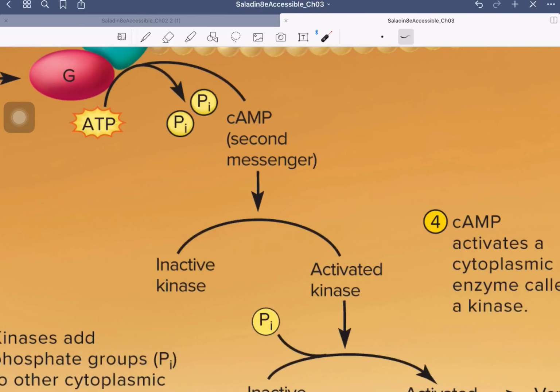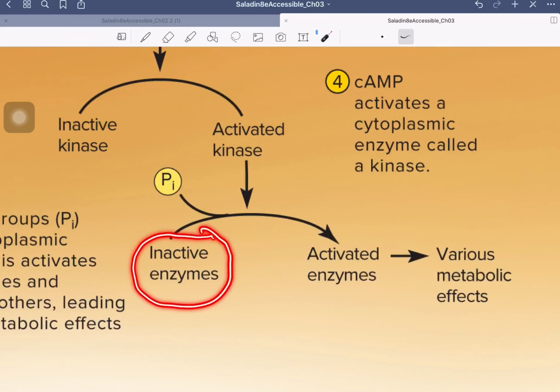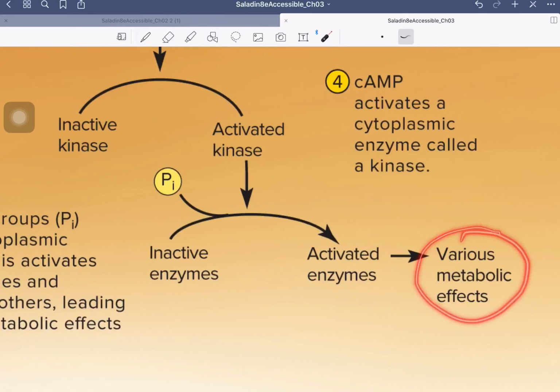The activated kinase, and remember, the job of a kinase is to take a phosphate and attach it onto molecules, basically macromolecules, adds a phosphate to an inactive enzyme, and now that enzyme is activated. It seems like a lot of steps, but these enzymes have always been in the cell, inactivated. Now they've been turned on, and they can start the various metabolic processes.